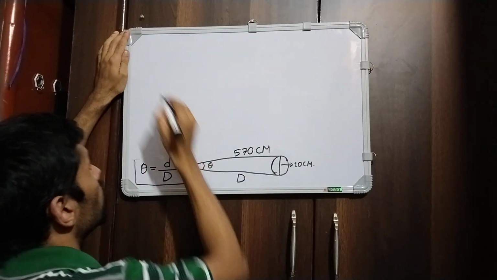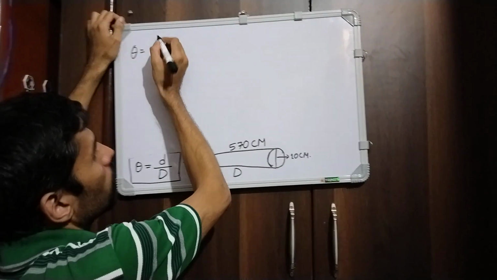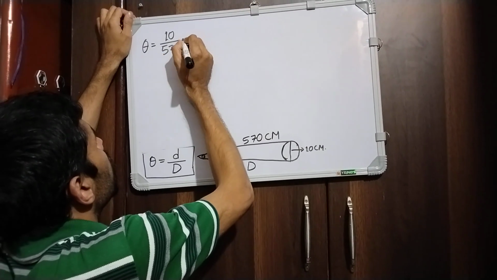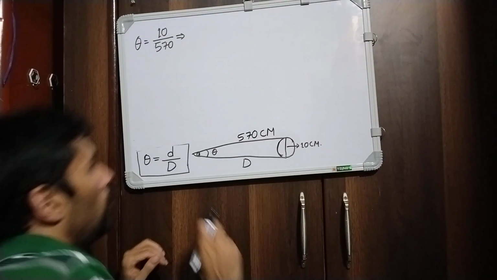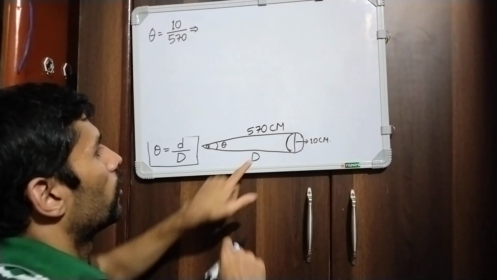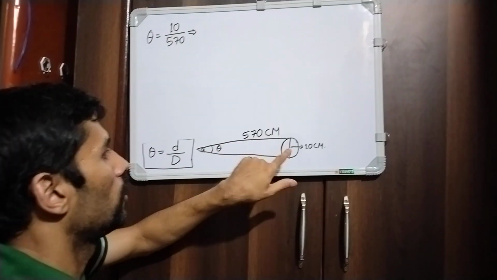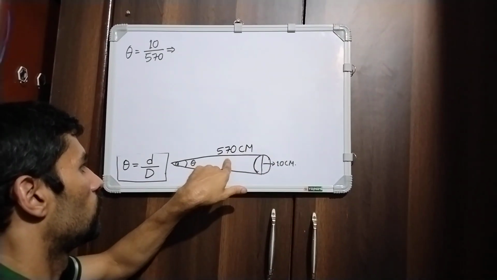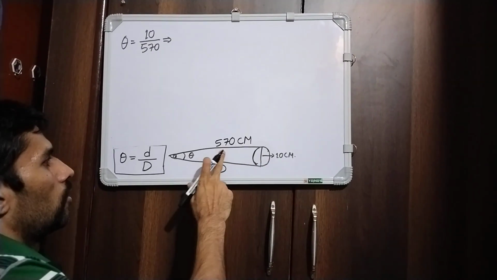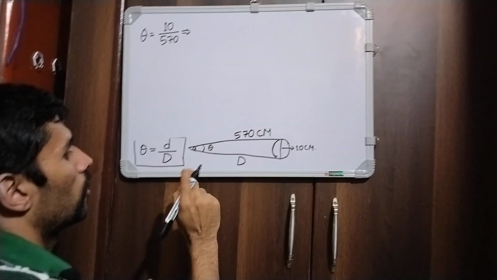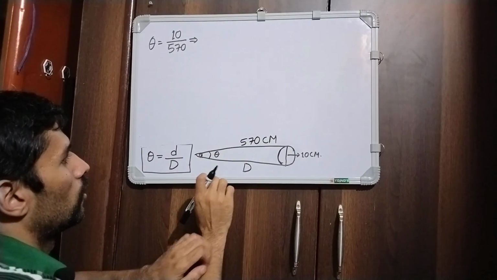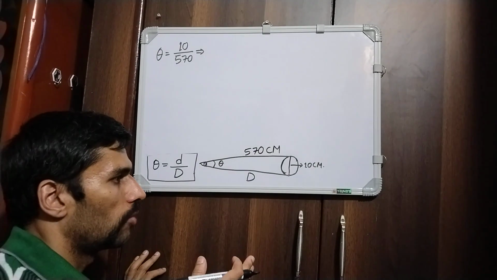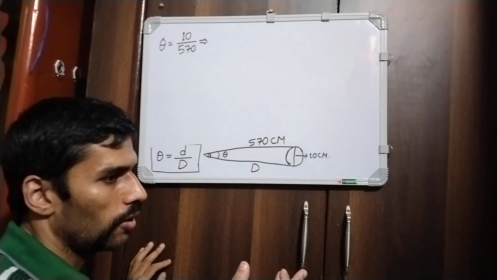Now this theta is equal to 10 divided by 570. I will tell you why I have chosen this particular value 570. This 570 is 57 times this 10. Now this 57 has some importance in trigonometry, because 57 is the factor by which you have to multiply a radian to convert it into degrees.